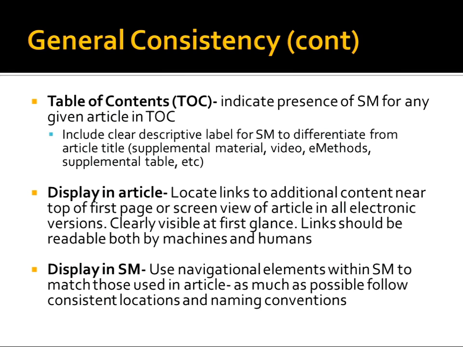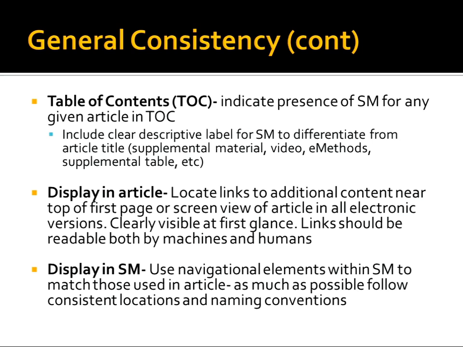And it should be very clearly labeled. So for example, if it's called supplemental methods or e-methods or video, you should very clearly label it in that way. And also, if it's very closely related to a particular segment within an article, then you should definitely locate links within the article.